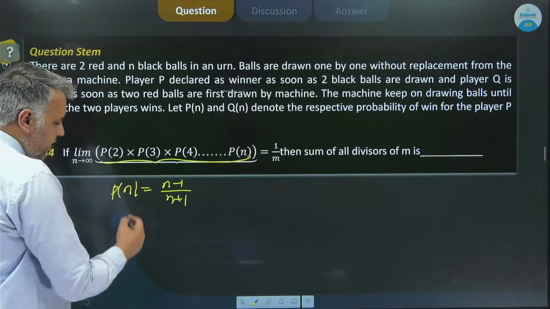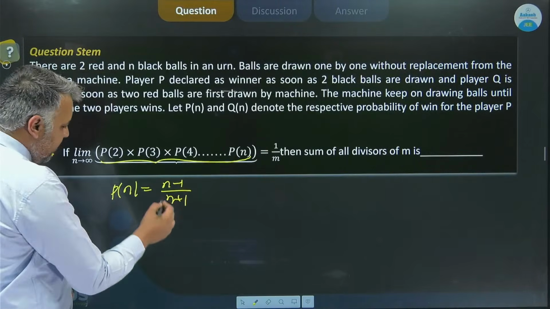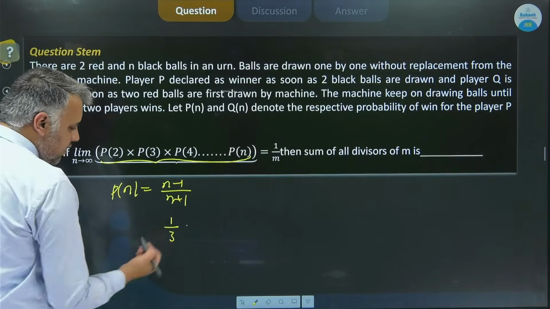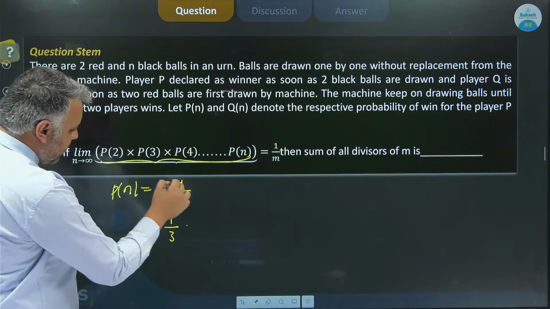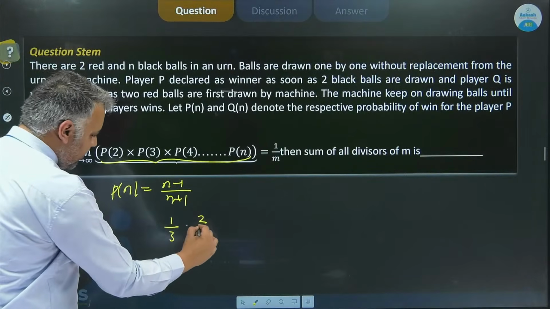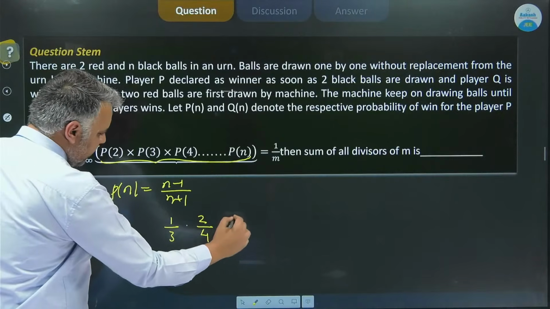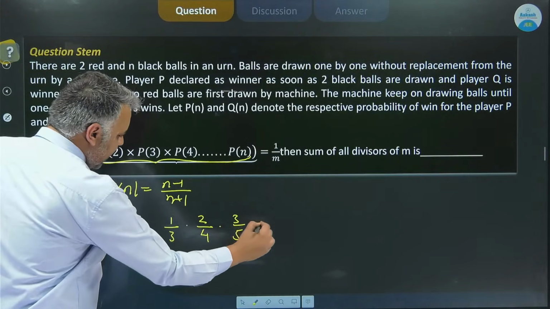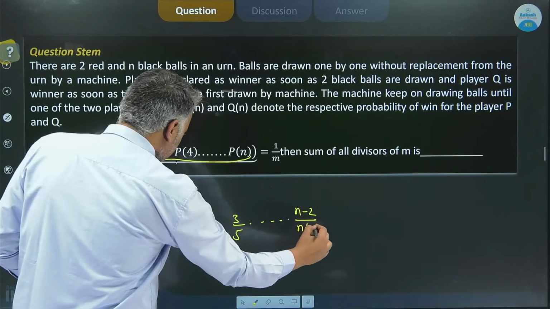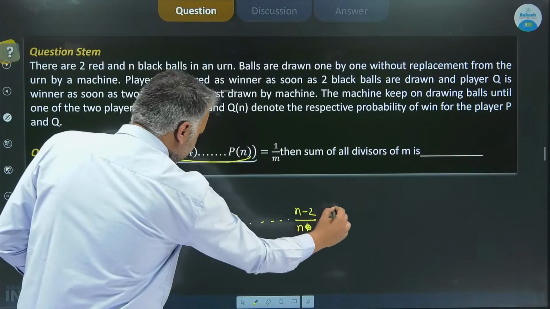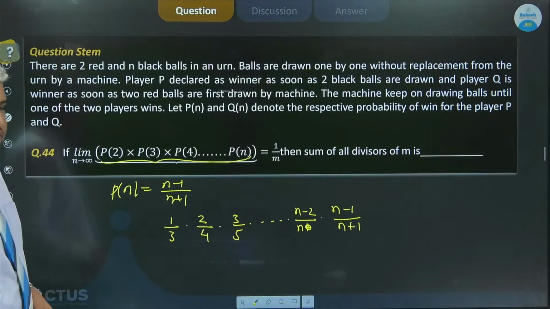So P of 2 will be, if I put n equal to 2, 3, 4 and so on, this required product will be 1 upon 3 into, if I put n equal to 3, 2 upon 4, then 3 upon 5 and so on up to n minus 2 upon n into n minus 1 upon n plus 1. This is the required product.